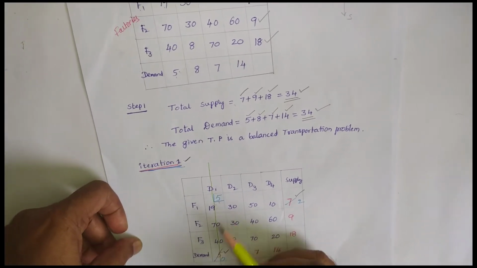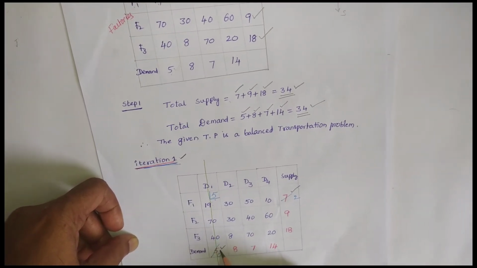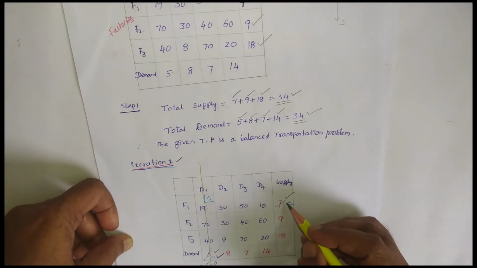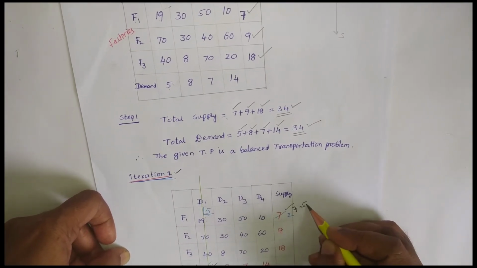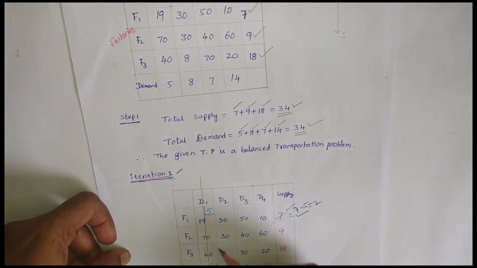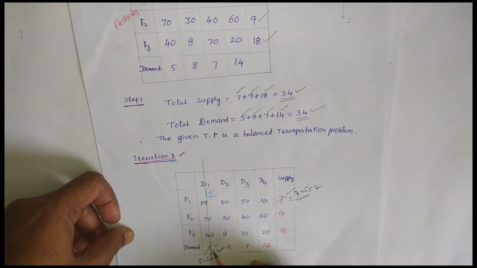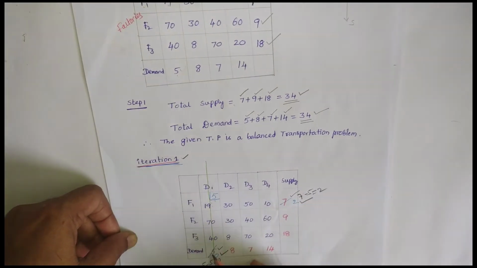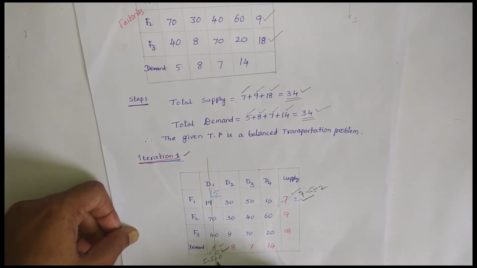After allocating, demand is 5 minus 5 equal to 0 and supply is 7 minus 5 equal to 2. So this column is exhausted because it is satisfied, and the D1 column is deleted for the next iteration.